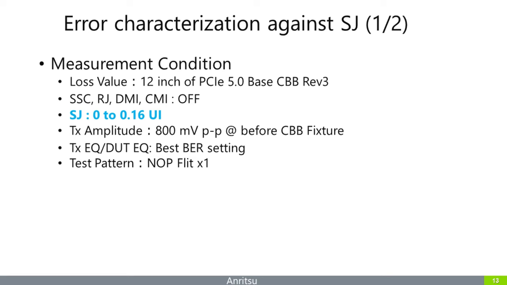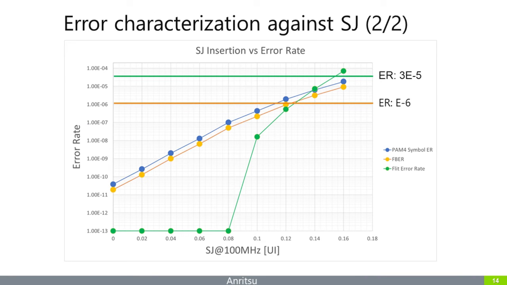So change the SJ from 0 to 160 milliUI. Same TX launch amplitude, and again it optimizes the equalization preset and CTLE on the error detector side. Same data pattern.